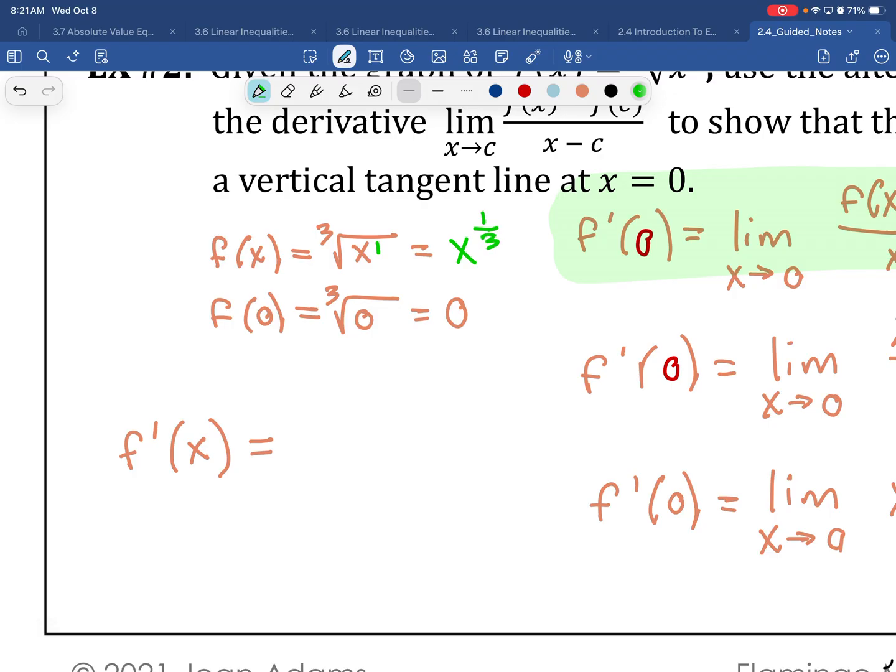And then how would you come up with a formula using the shortcut for this function? Take that 1/3. Right, that's what you would do. And this would be 1/3 x to the negative 2/3. And because the x is raised to the negative 2/3, I'd drop it to the bottom of that fraction where that 3 is. And it would look like this.